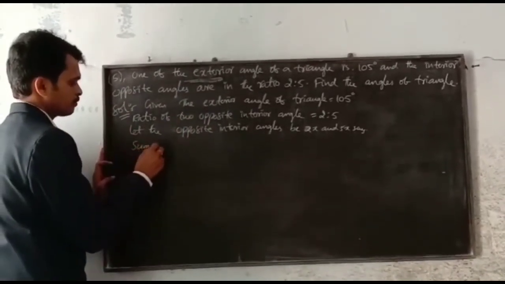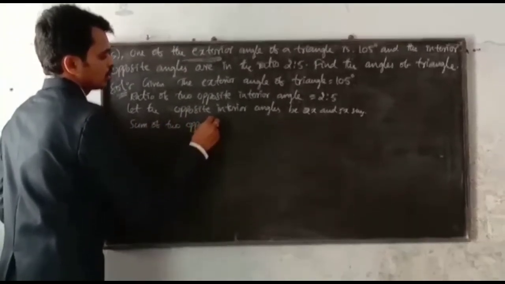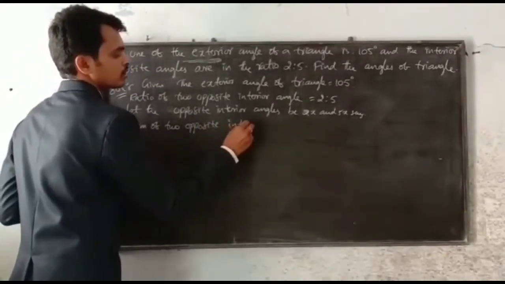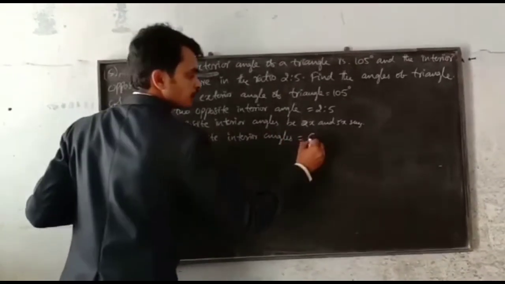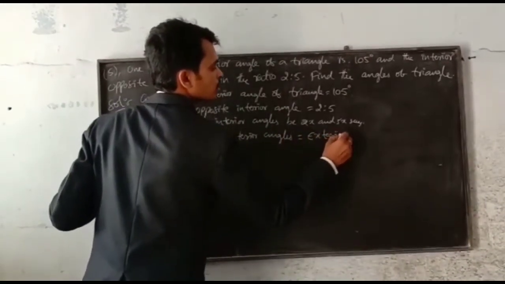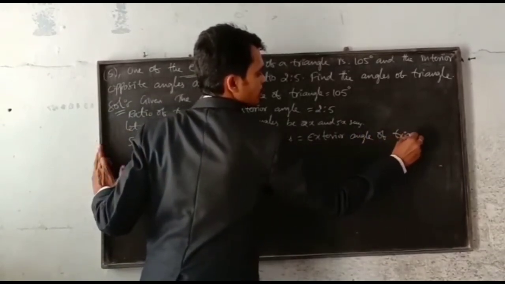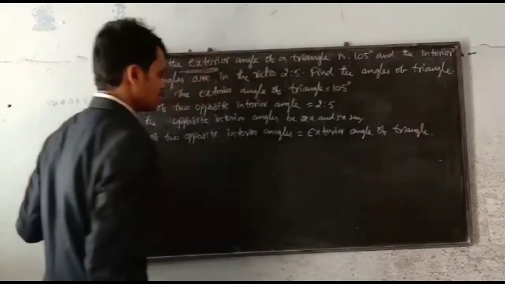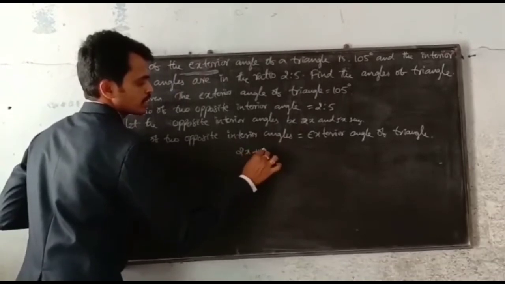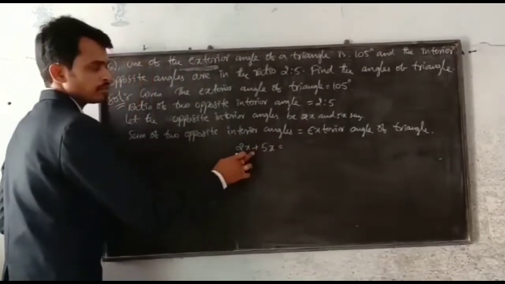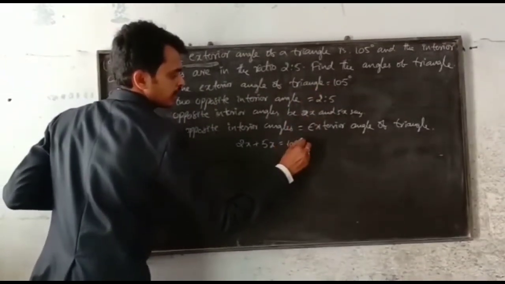So the sum of the two opposite interior angles is equal to the exterior angle of the triangle. The sum of the two opposite interior angles is what? 2x plus 5x equals the exterior angle of the triangle, which is how much? 105 degrees.